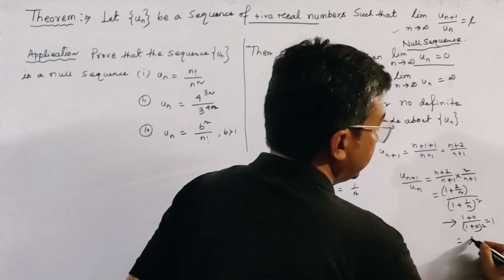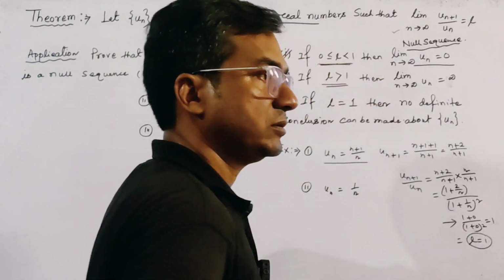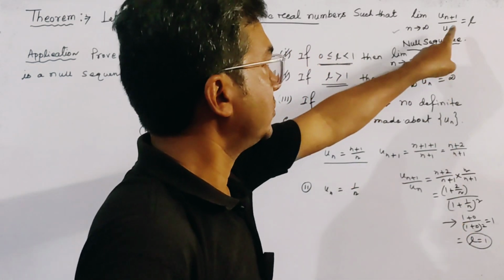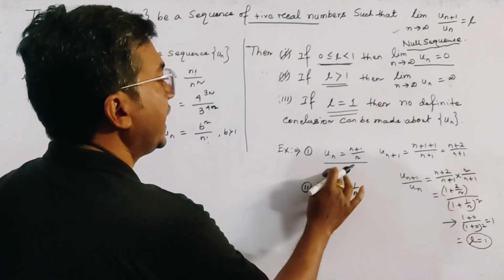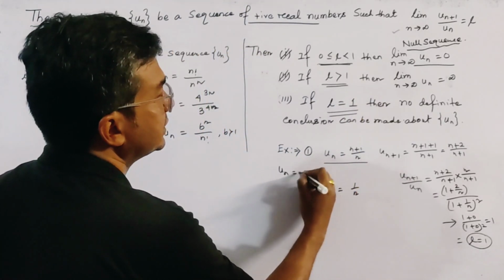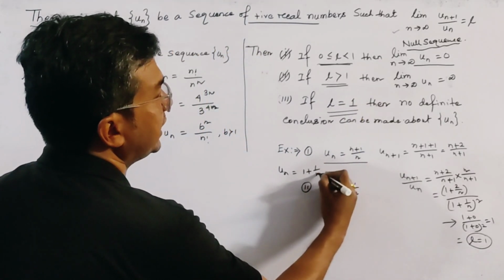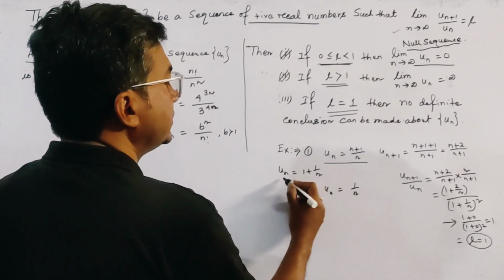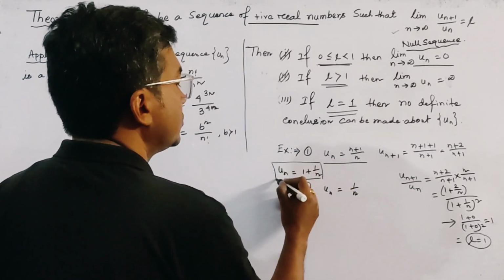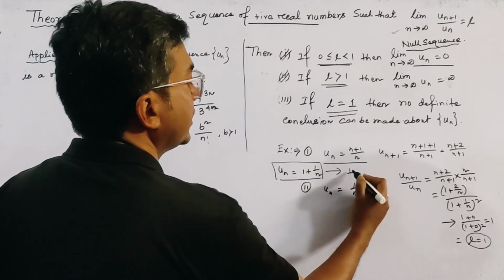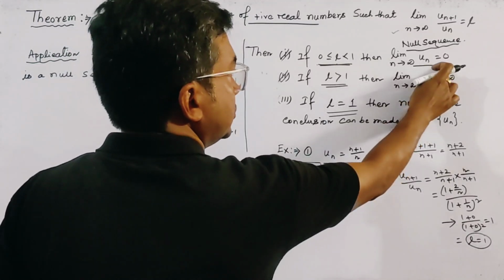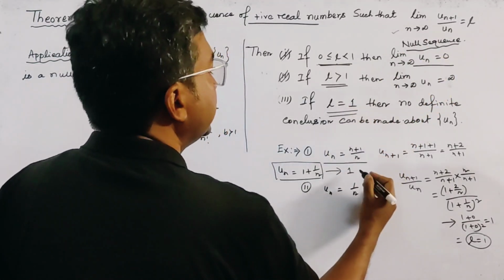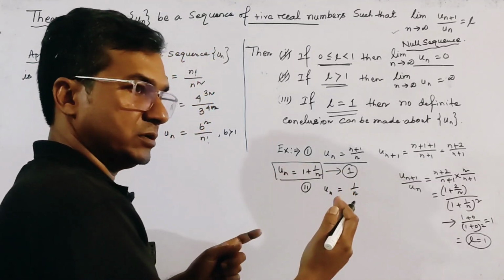So here we get L equal to 1. For this case L equals 1, but we know that un is 1 plus 1 by n, and the limit of this sequence obviously is 1. So in this case the limit is 1.